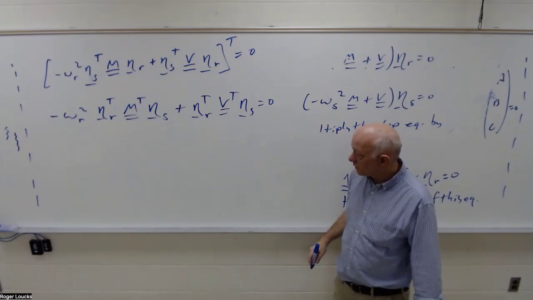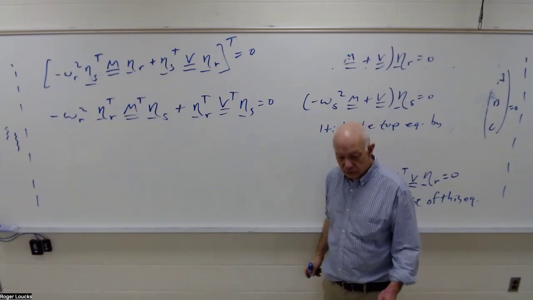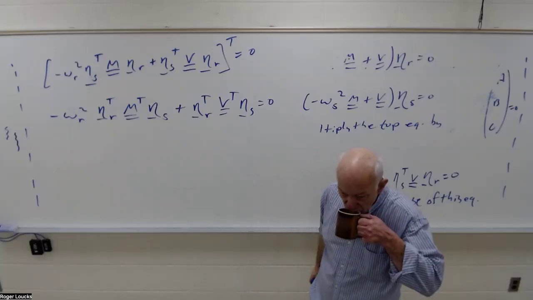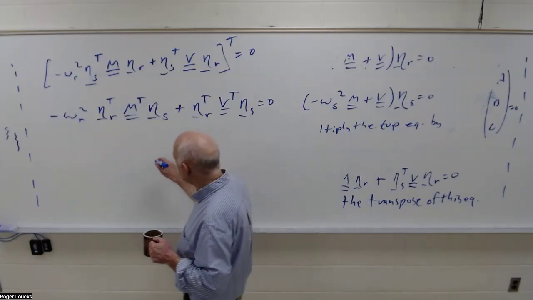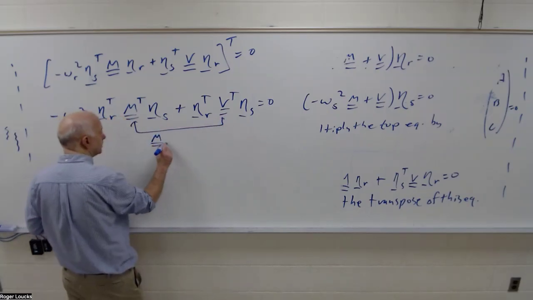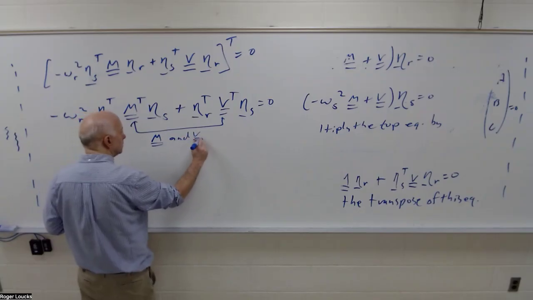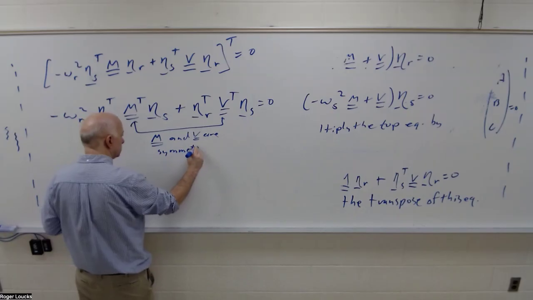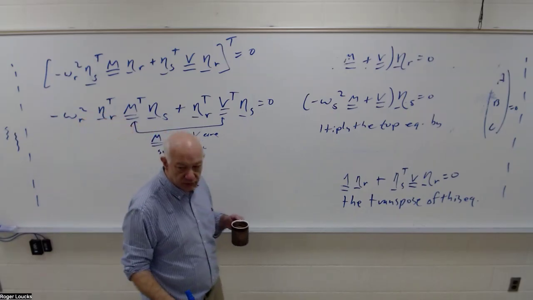Okay. Now, do I know anything about the M and the V matrices? Symmetric. Yes, M and V are symmetric. What does it mean to be a symmetric matrix?